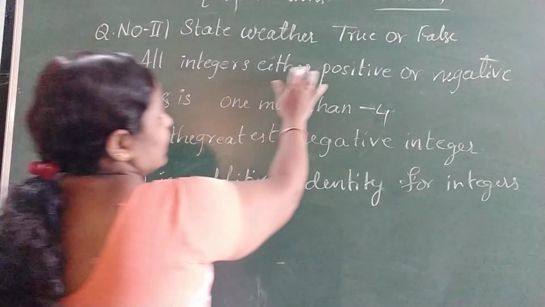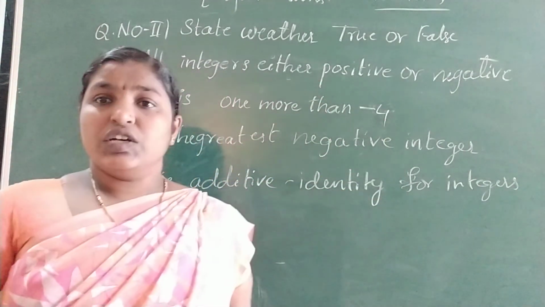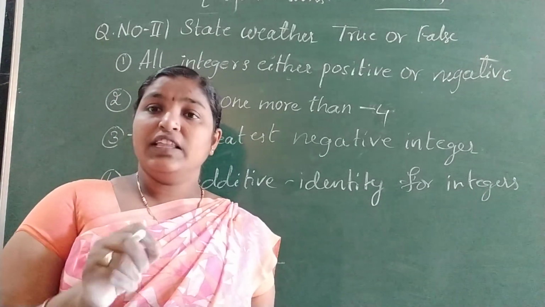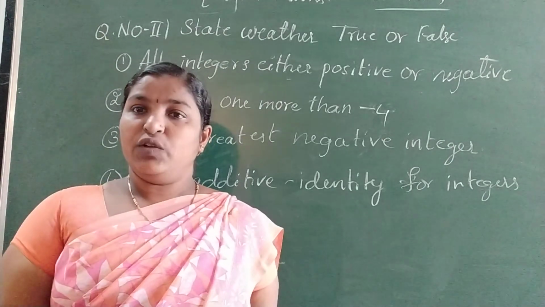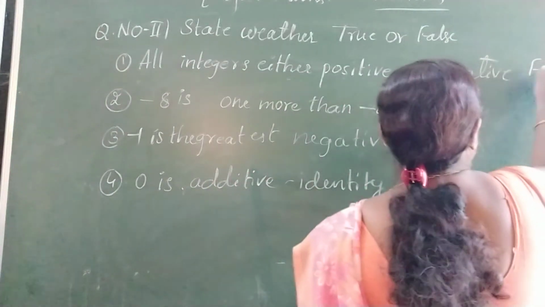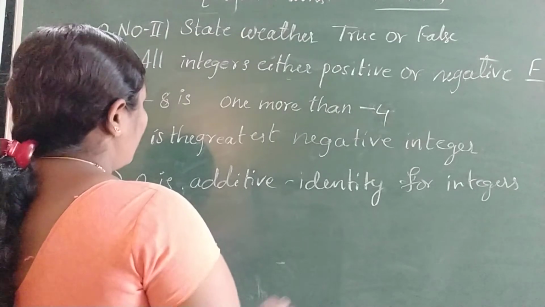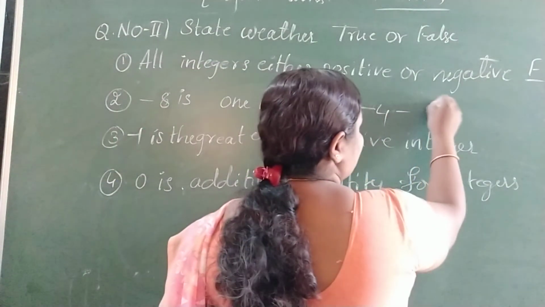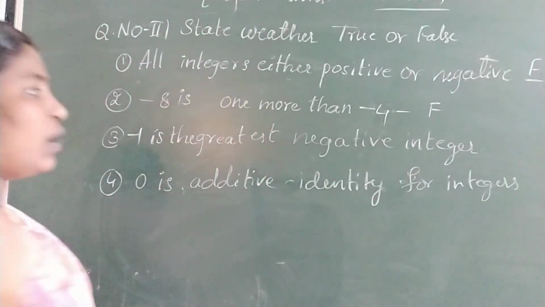All integers are either positive or negative. It means they are either positive or negative, but not both. So this is false. Next, minus 8 is 1 more than minus 4. No, minus 8 is smaller than minus 4. So this is also false. Minus 1 is the greatest negative integer.